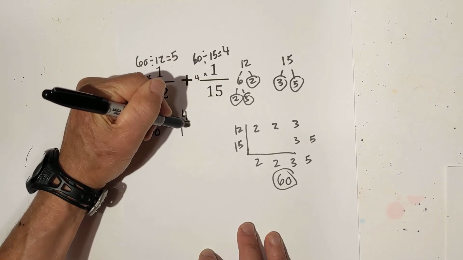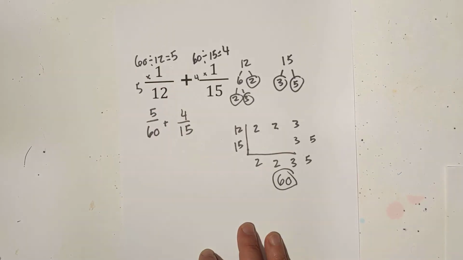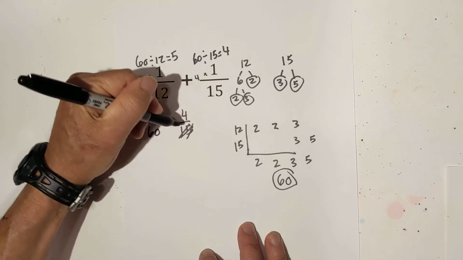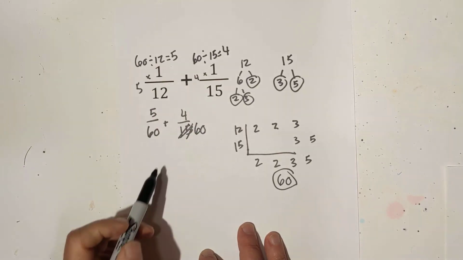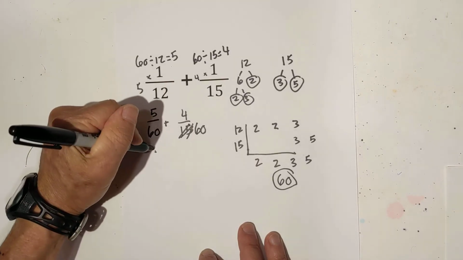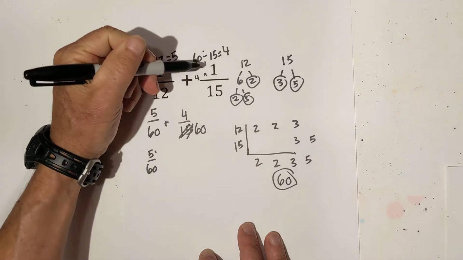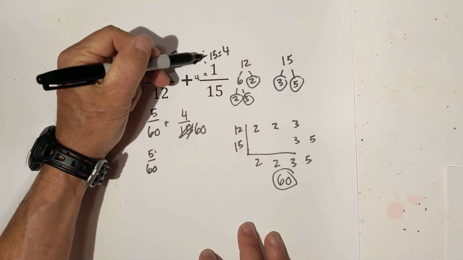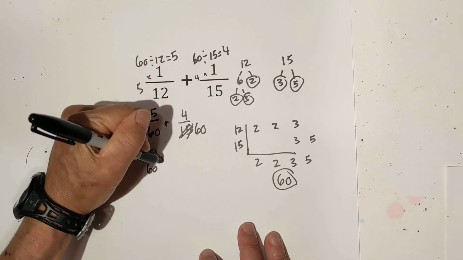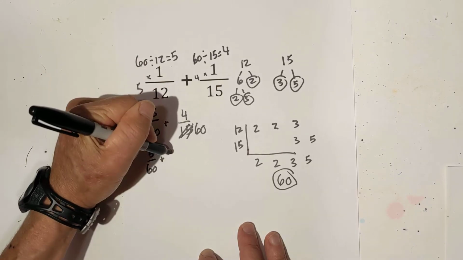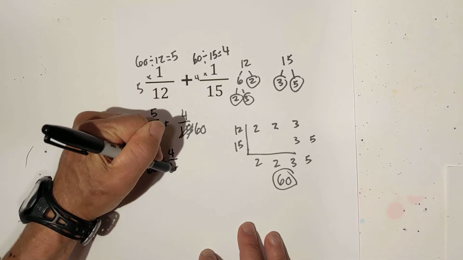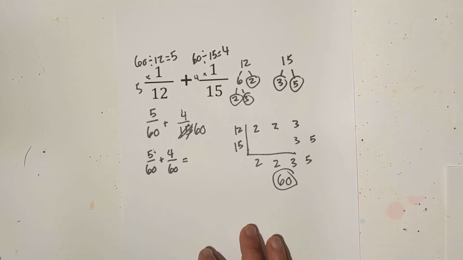So then you have 4/60, not 15ths, sorry, 60ths. So let me rewrite this. You have 1 times 5 is 5/60, and then 1 times 4, because 60 divided by 15 is 4, equals 4/60, and then you just add them together.